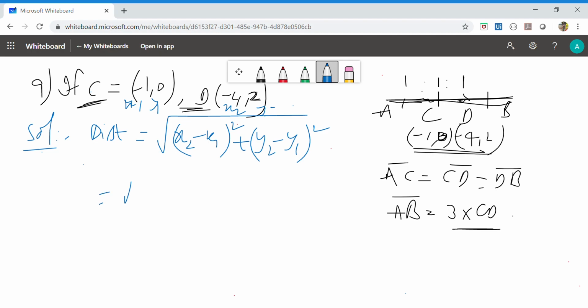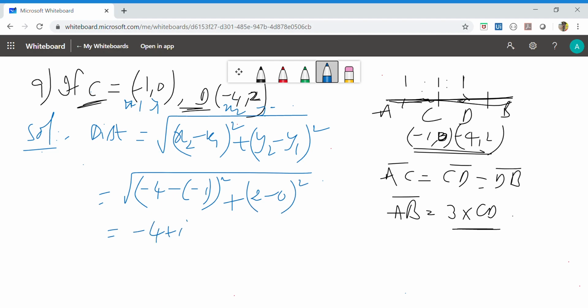That is nothing but square root of minus 4 minus of minus 1 whole square plus 2 minus 0 whole square, which is minus 4 plus 1 whole square plus 2 square is 4 under root. So minus 3 whole square is 9. 9 plus 4 is 13, root 13.